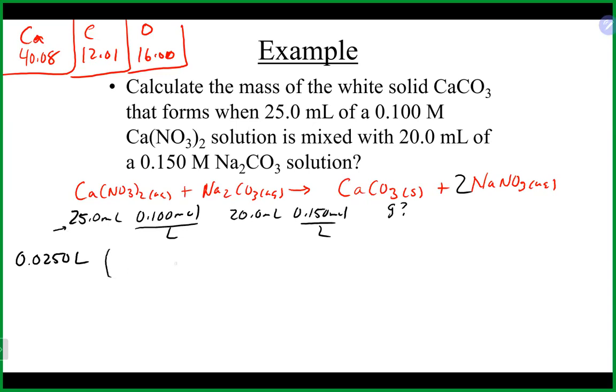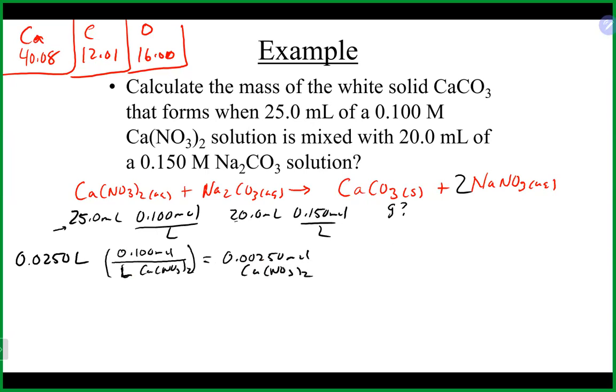We're going to take our molarity here of our calcium nitrate. And that will give us, in terms of our moles, 0.0250 times 0.1. Gets us 0.0025 moles of calcium nitrate.